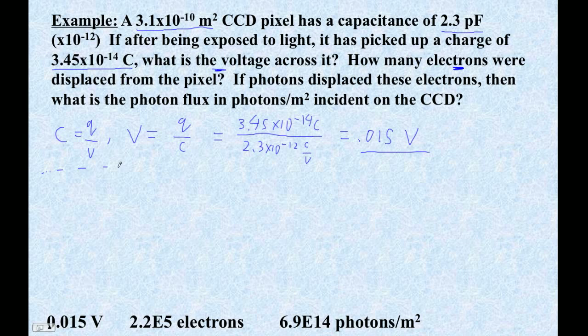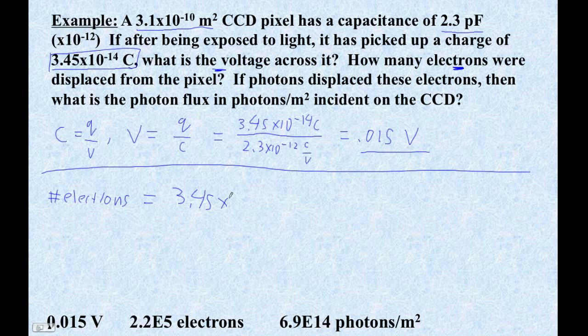Right, and then what's our next question? Our next question is, how many electrons were displaced? Well, all that question is asking is how many electrons there are in this much charge, right? So the number of electrons is 3.45 times 10 to the minus 14th coulombs divided by whatever the charge per electron is, 1.602, in coulombs per electron.